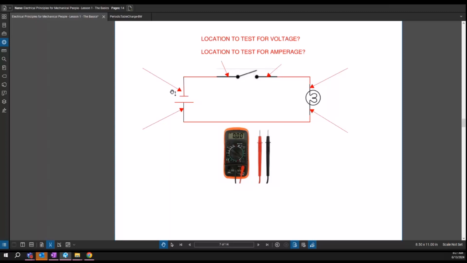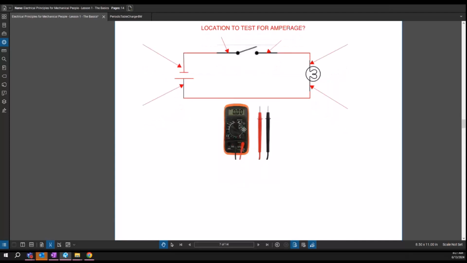So the answer is none of the above, because I have to insert this multimeter into the circuit to figure out how many amps I have flowing through the circuit. So what that's going to look like is something like this.